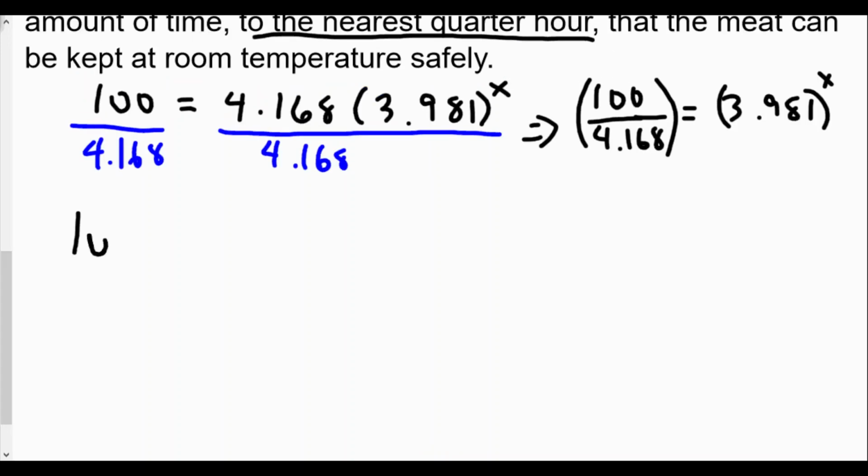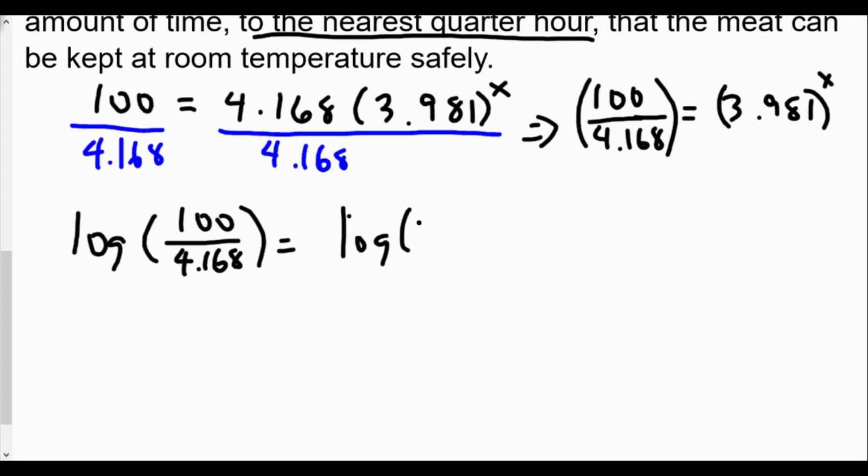So take the log of 100 over 4.168 equals the log of 3.981 raised to the x power.